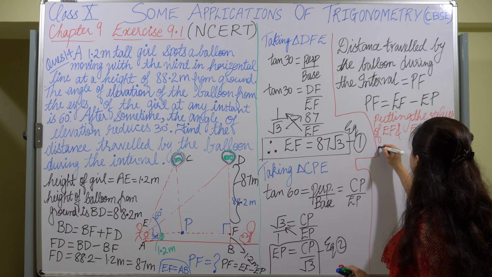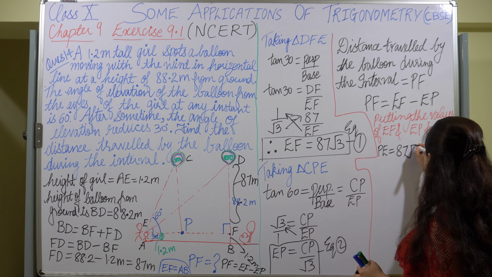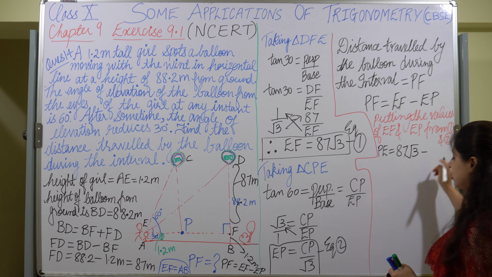So PF will be equal to 87 under root 3 minus CP.